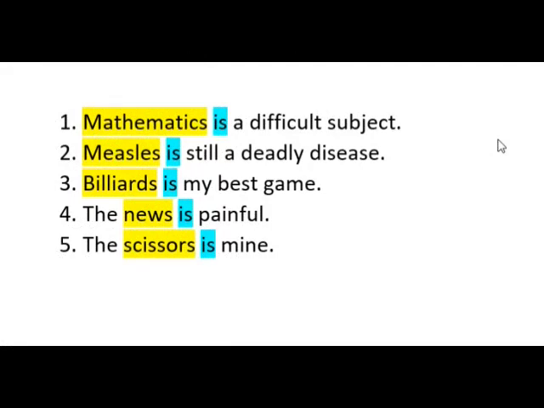Here are some examples. Mathematics is, not are, is a difficult subject. Despite the way it is spelled as if it's a plural, we still use a singular verb, is.